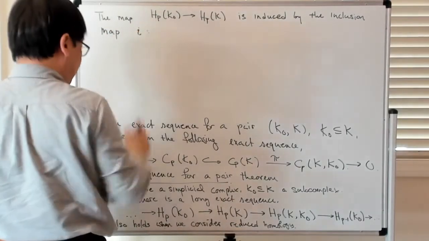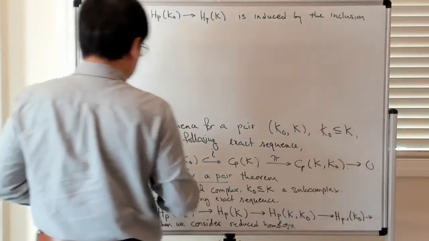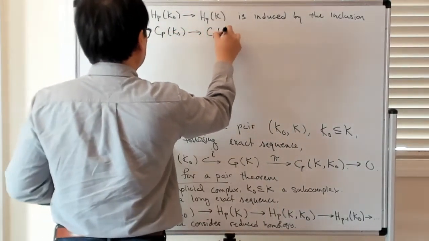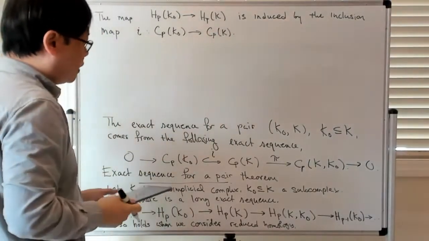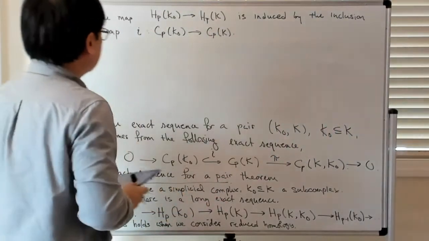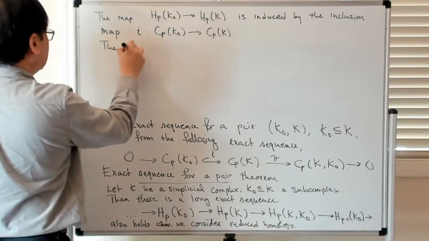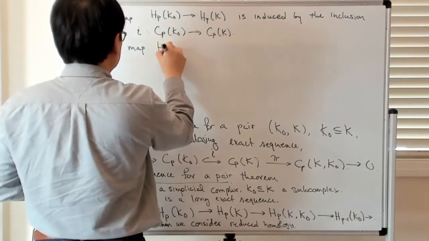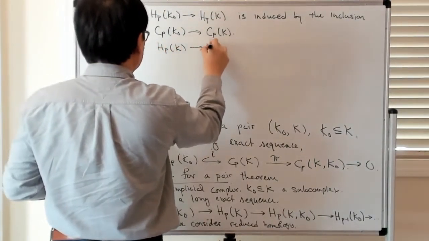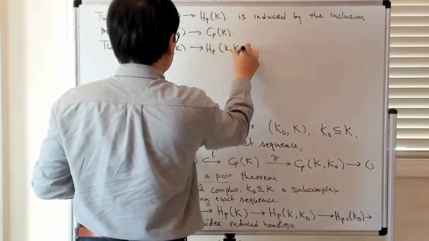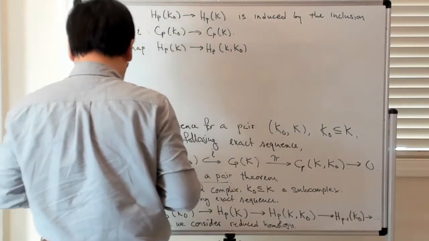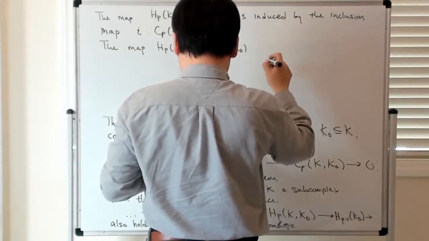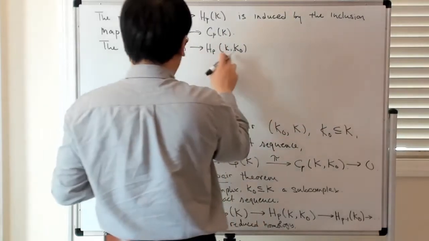Let's just call it i, from C_p(K0) to C_p(K), which of course is induced by the inclusion of K0 into K. Then the map H_p(K) to H_p(K, K0) is in some sense also induced by the inclusion.